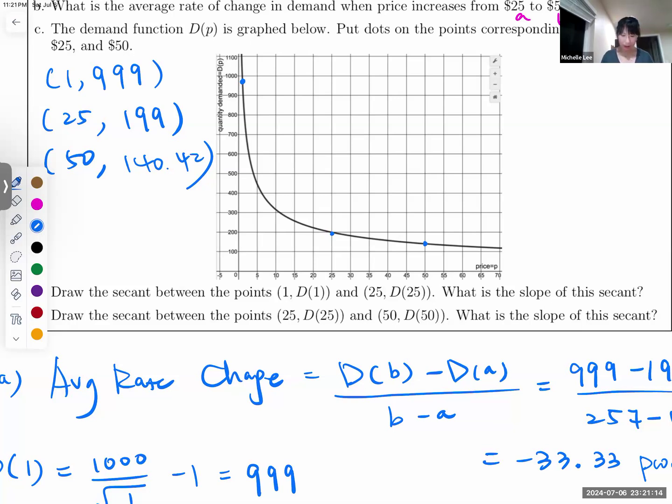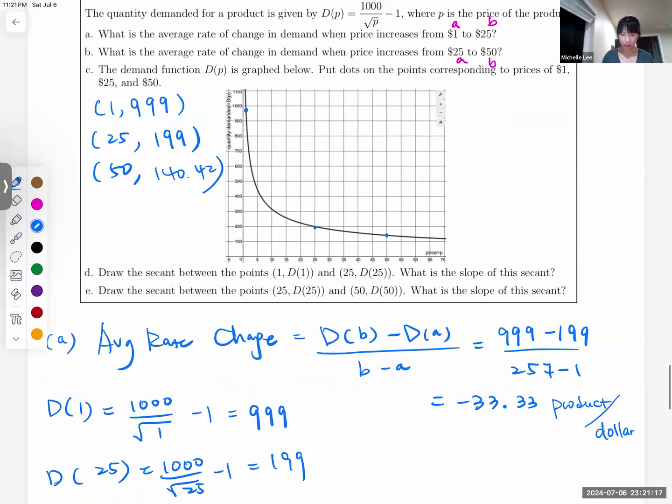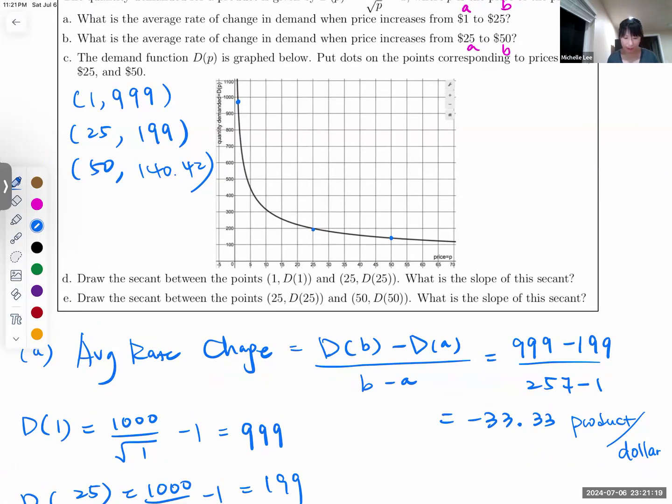Okay. Draw secant. Oh, they said the secant. It's a straight line. Okay, draw secant between points 1 and D of 1, 25. So let me draw here 1 and D of 1, 25. So this is the line.